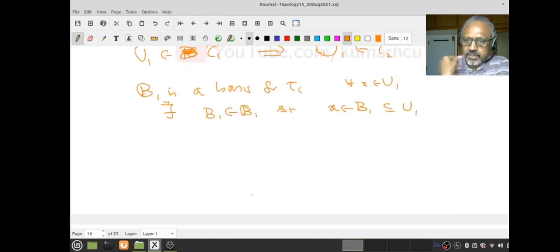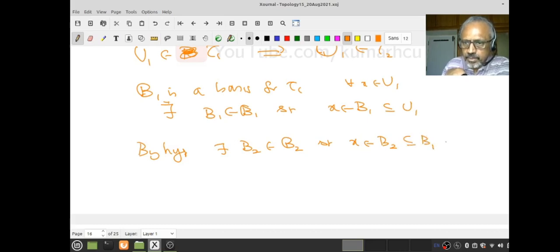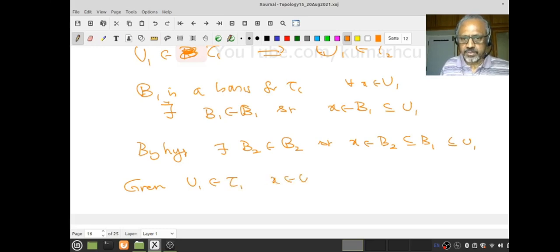Therefore, by hypothesis, there exists a B2 in script B2 so that x belongs to B2 and B2 is contained in B1, but B1 is contained in U1. So what have I proved? Given U1 in tau 1 and x in U1, there exists a B2 in script B2 so that x belongs to B2 and B2 is contained in U1.